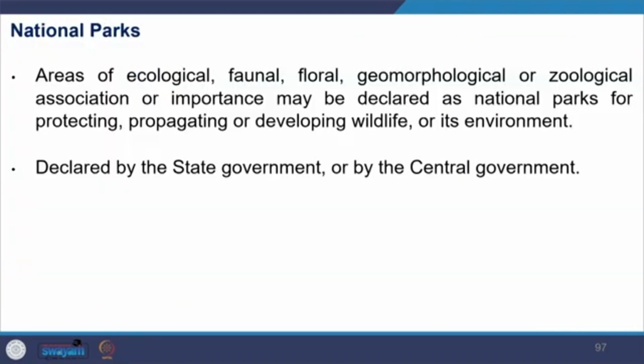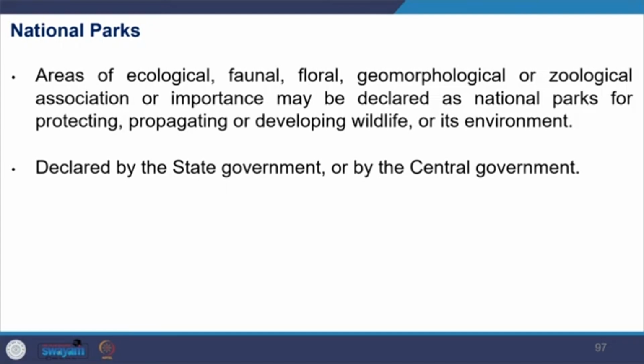Looking at national parks, these are also protected areas. National parks are areas of ecological, faunal and floral, geomorphological or geological association or importance. So, they are also identified within this, if identified for the purpose of protecting, propagating and developing wildlife and its environment.